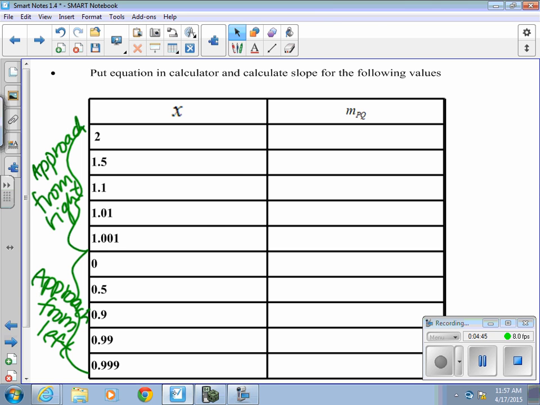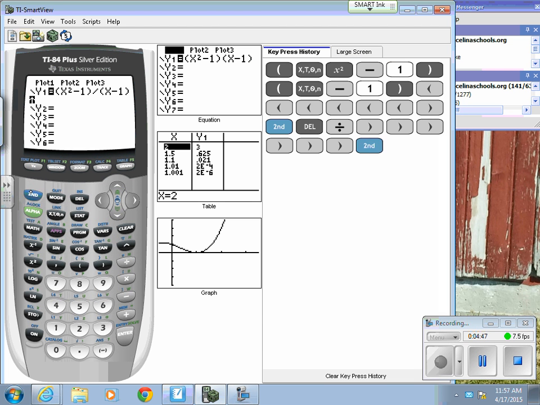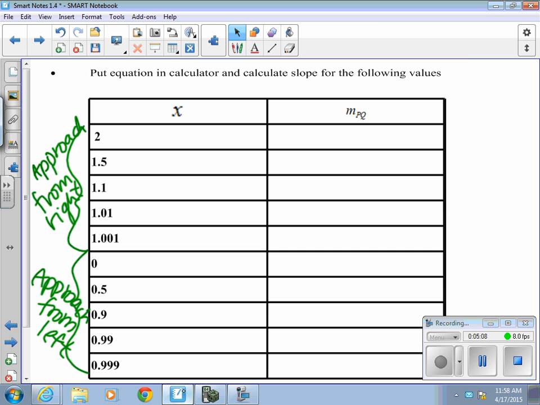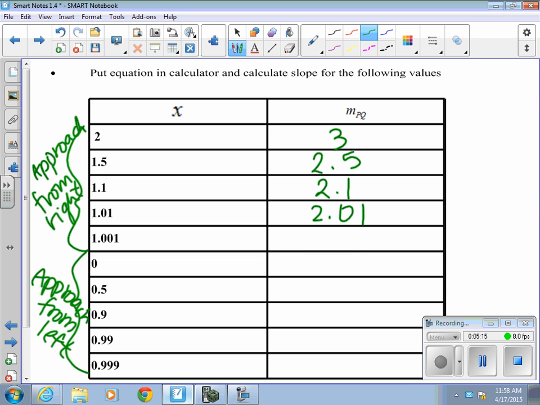So, back at your calculator, we're going to go second graph to our table, and we're going to plug these numbers in. We've got 2, 1.5, 1.1, 1.01, and then there were more approaching it from the left, so plug in all 10 of your numbers. When you do that, you should end up with 3, 2.5, 2.1, 2.01, 2.001.